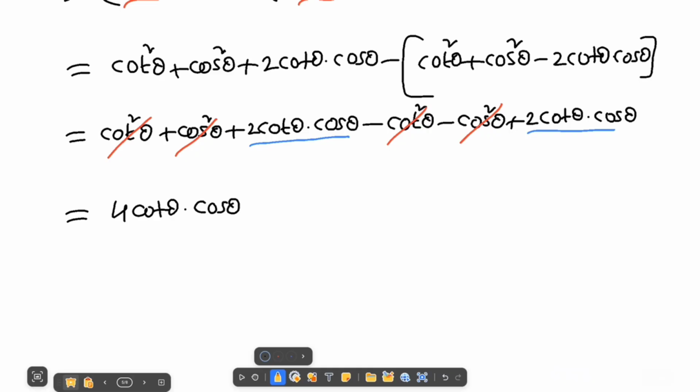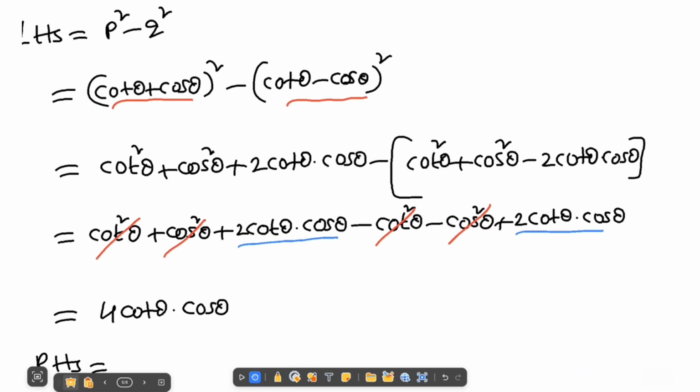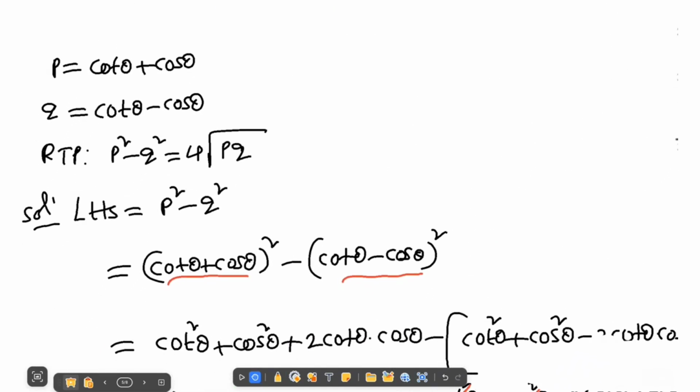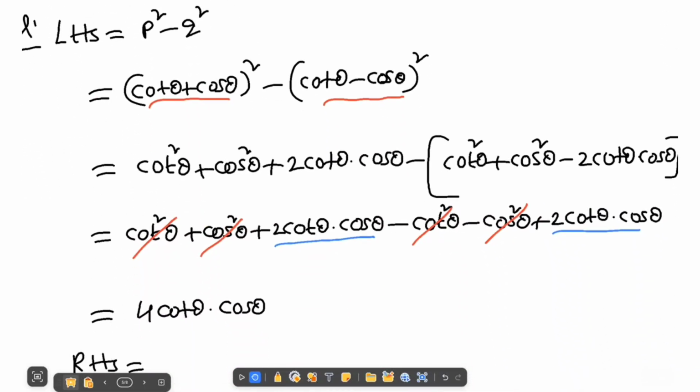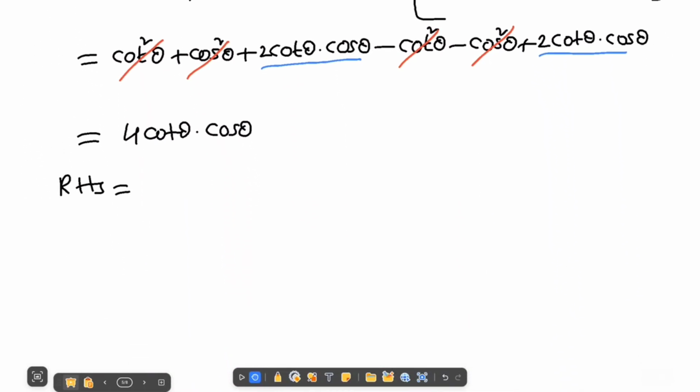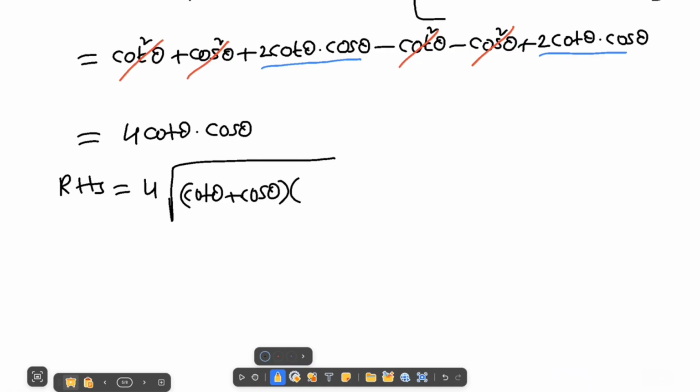Now let's take RHS. So what is RHS given? 4 times of under root of PQ. So P is cot theta plus cos theta and Q is cot theta minus cos theta.